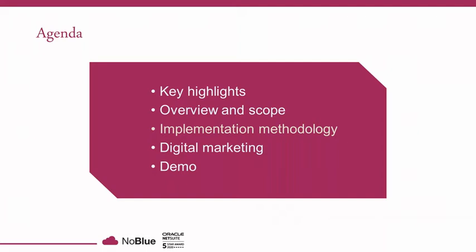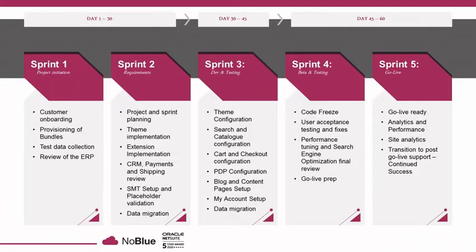We have here an implementation methodology. As we said, there is a go-live in 60 days from the day we start the project, and we have divided it into 5 sprints, more or less of the same duration.